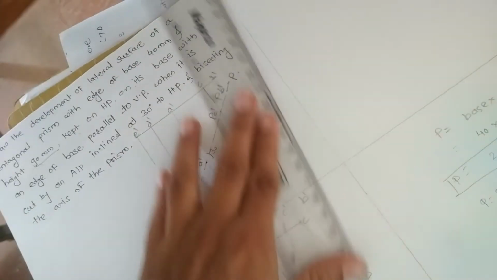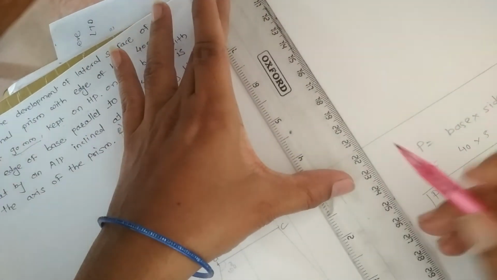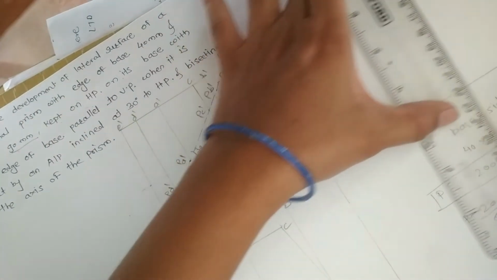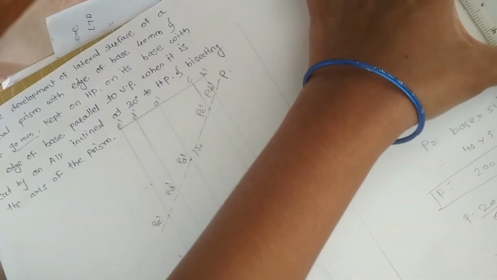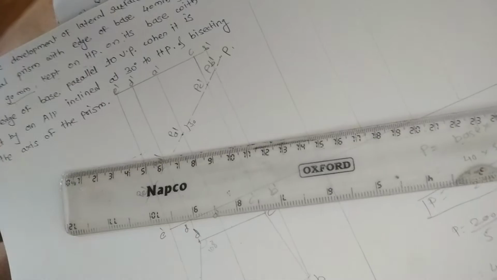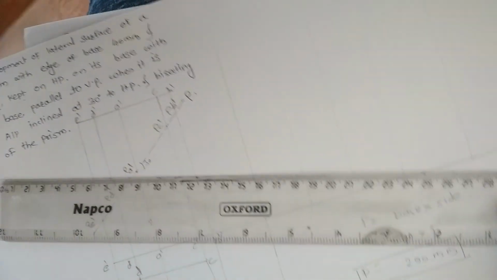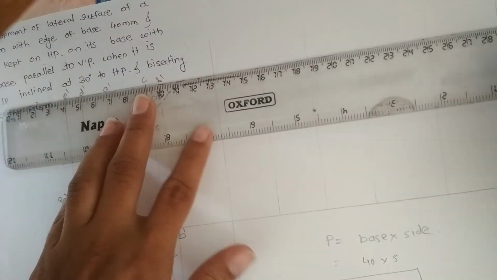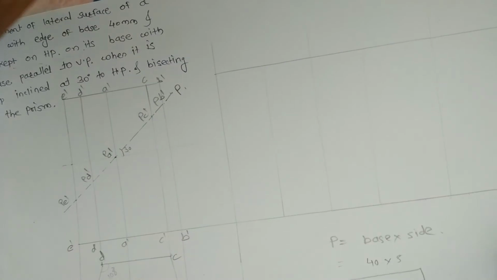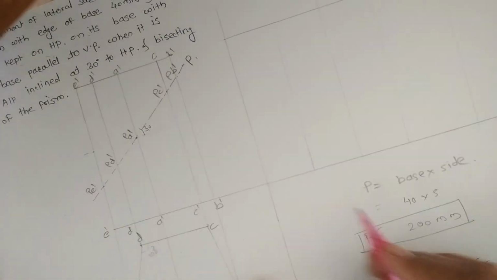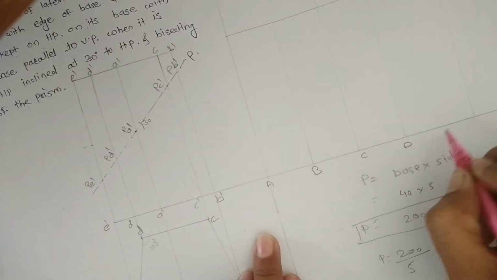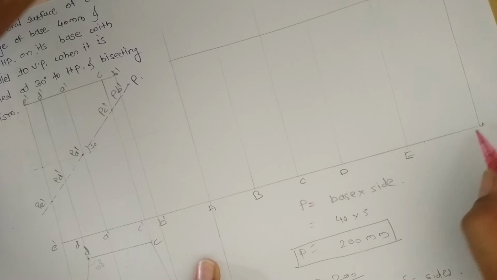And project these points. Now put points here as capital A, B, C, D, E, and last point is repeat A.